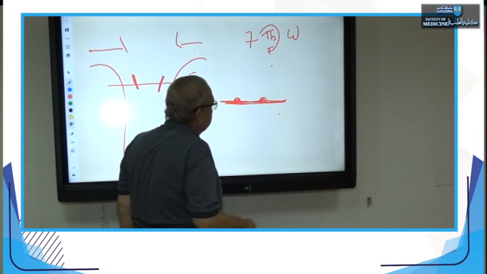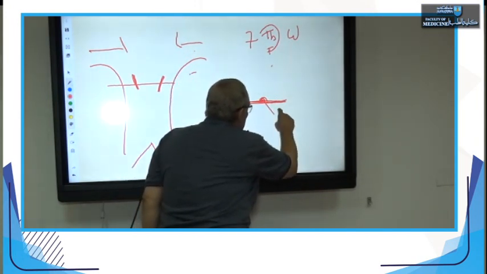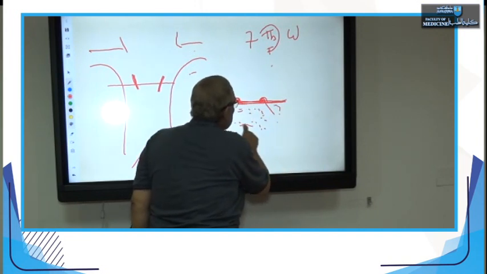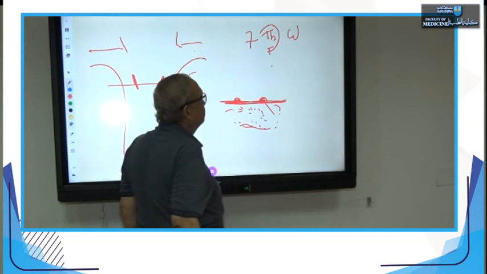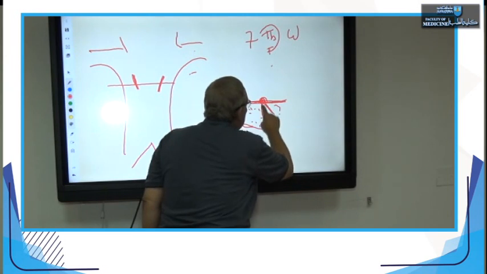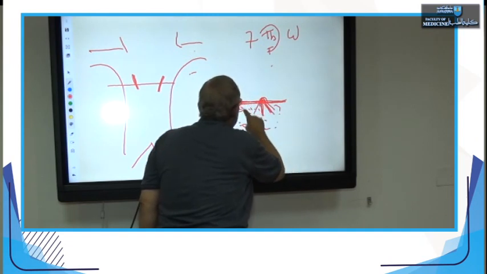Now what will happen? Of course, here there will be the mesoderm, the underlying mesoderm. From this line, from this ridge, cores will develop to invade the mesoderm.